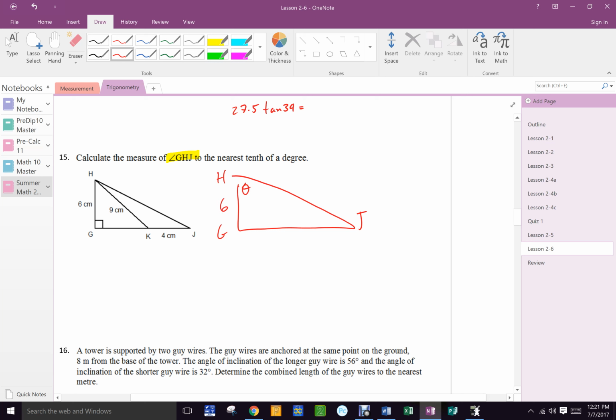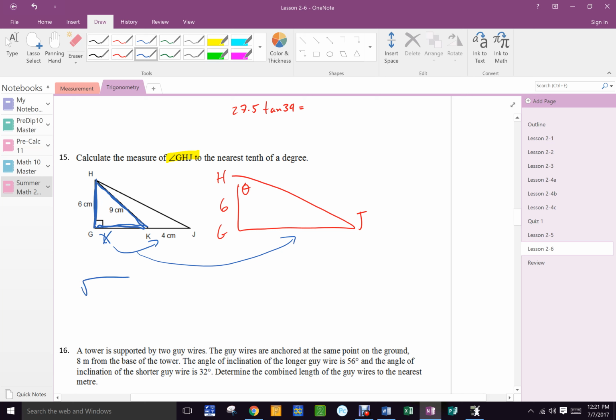You know that's 6, but you need 2 pieces of information, don't you? So you're stuck there. But in this triangle, you have 2 pieces of information, don't you? So if you can find this, and add it to that, does that give you that whole bottom? Yes.